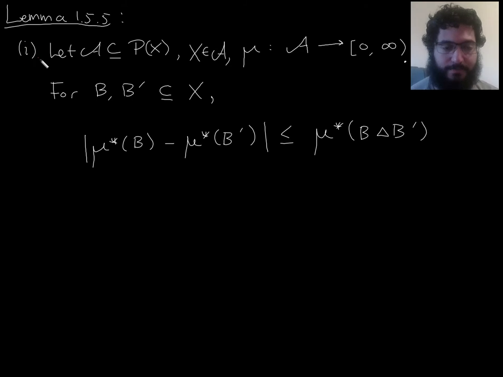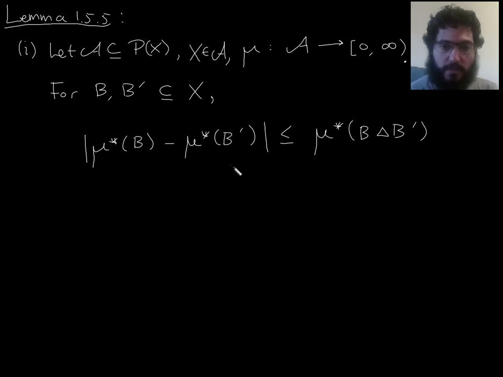Okay, so we're in this very general setting in which the outer measure can be defined, which is a setting where you just have some collection of subsets of X that contains X and some non-negative function. No assumption about additivity or anything like that.